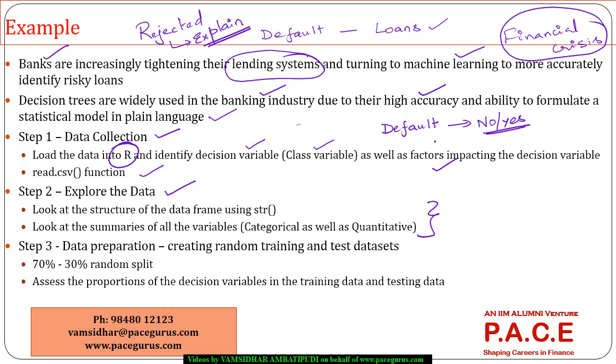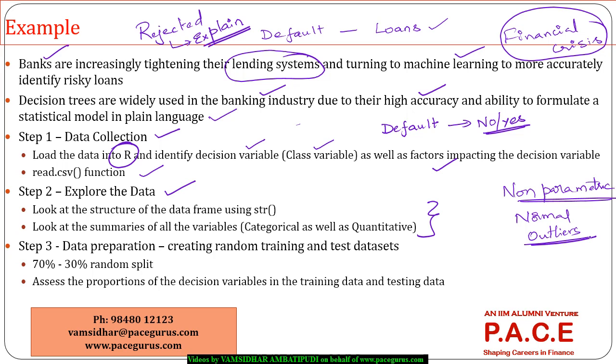This is one more step that we need to consider. Now, this one is a non-parametric kind of model, so it does not assume any kind of distribution of the data. So I really don't need to check whether all my variables are normal or whether there are outliers in my data, all that stuff. These kinds of checks are very much required if your model is more and more parametric.